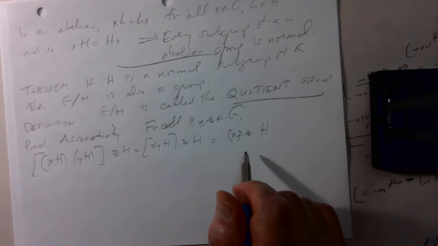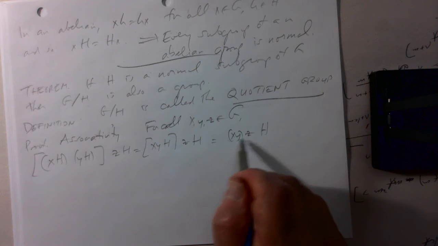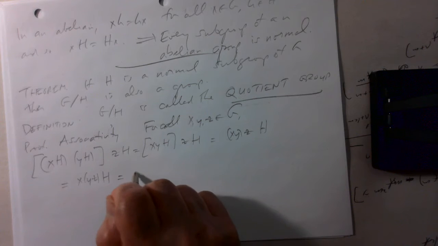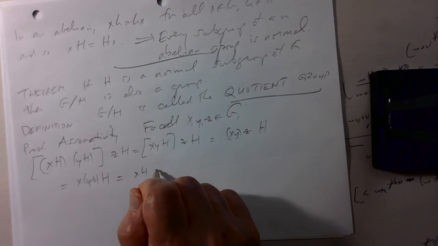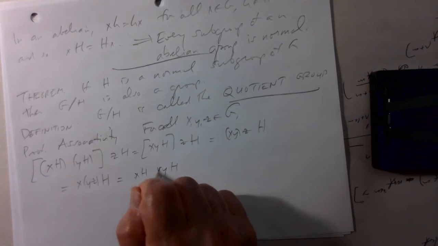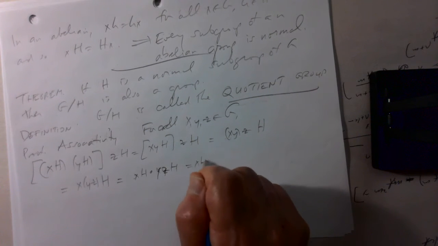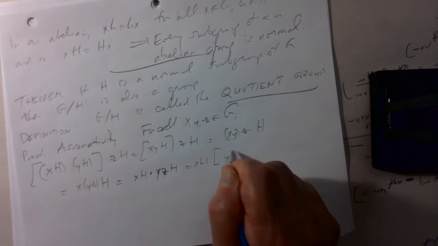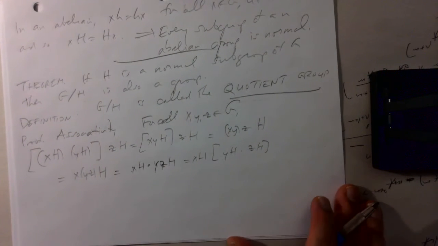But because multiplication in the group is associative, this element is the same as xyzH, which is the product of xH and yzH, which is the product of xH and this, which is yH times zH. So that proves associativity.